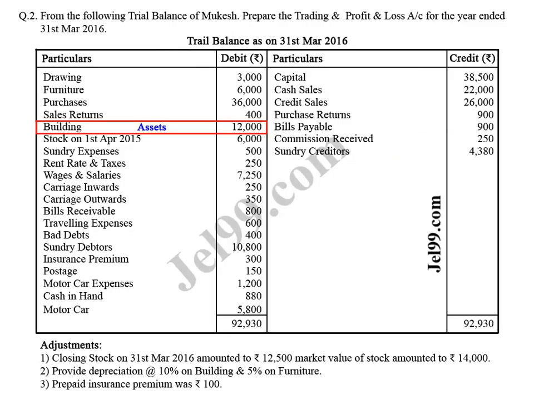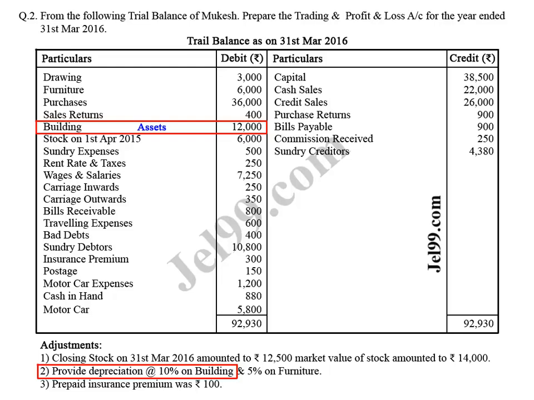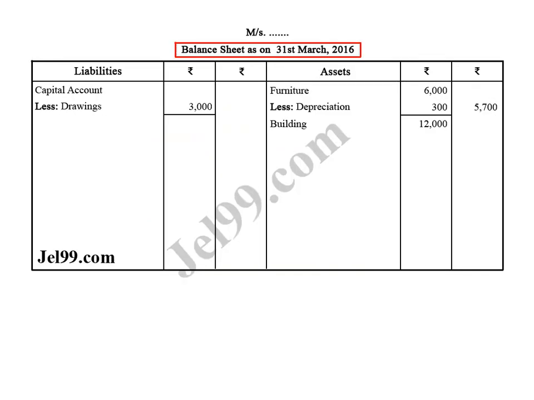Then building of rupees 12,000, this is shown in balance sheet. Assets side, building of rupees 12,000 in a column, because there is an adjustment on it, we will see it later. Adjustment number 2, provide depreciation at 10% on building, so calculation of depreciation is depreciation on building at 10% per annum, so 12,000 into 10 upon 100 into 12 upon 12 months, 0 cancel, 12 cancel, so the depreciation is equal to 1,200, it is shown in balance sheet.